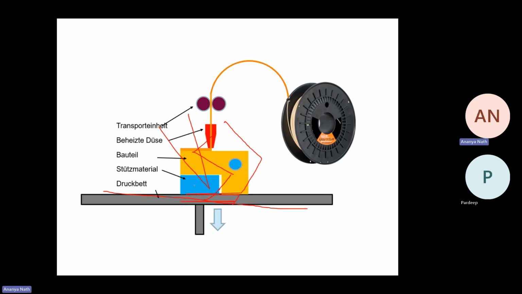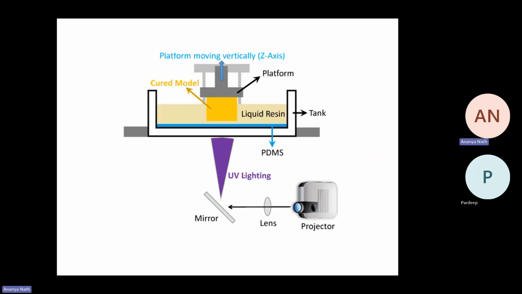I need a support structure in this portion. But if my tool can come like this to print the material, then I don't need the support structure in this region. That means my build plate has to have more than 3 degrees of freedom. So let's go to the next process.